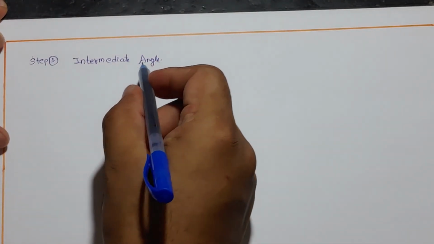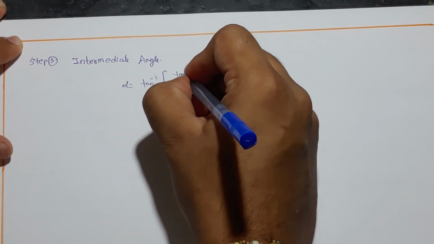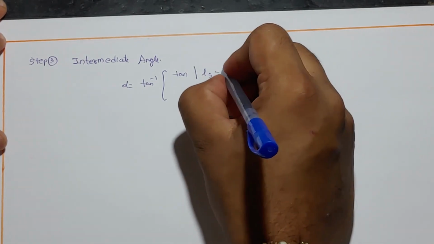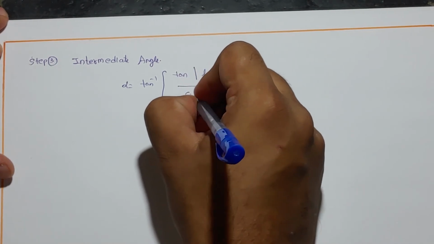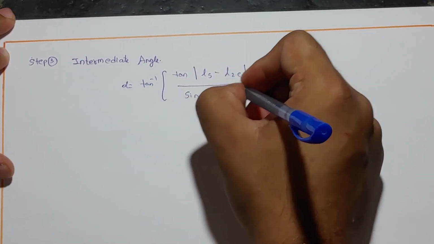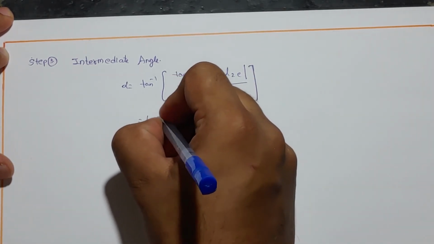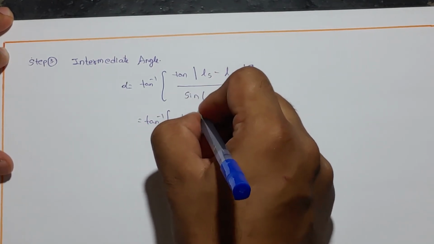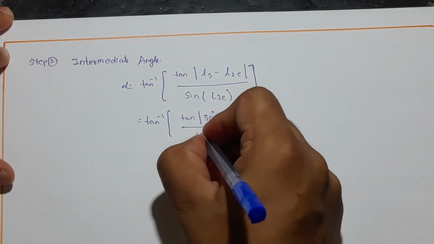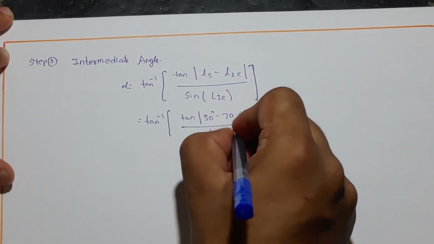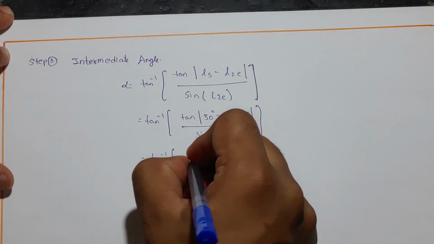In the step 3 intermediate angle, we know that intermediate angle is equal to tan inverse of tan mod longitude of satellite minus longitude of earth station, that is second earth station, divided by sine of latitude of second earth station, which is equal to tan inverse of tan of 30 degrees minus 70.67 degrees, divided by sine of 33.45, which gives a result of tan inverse of 1.558.